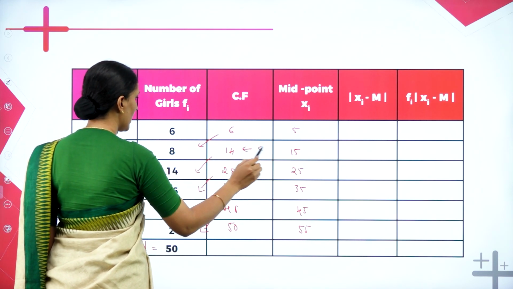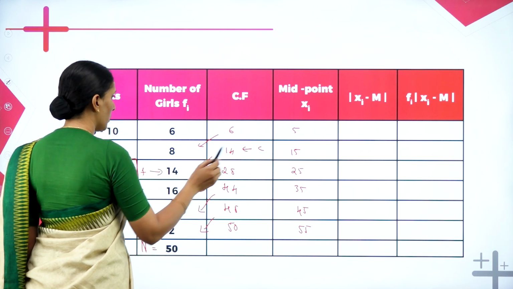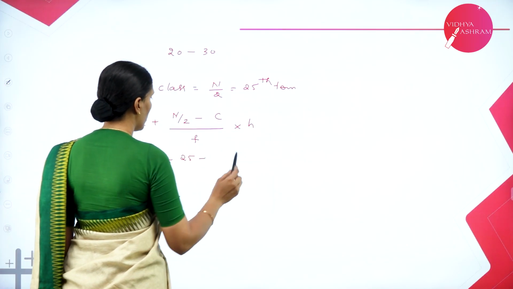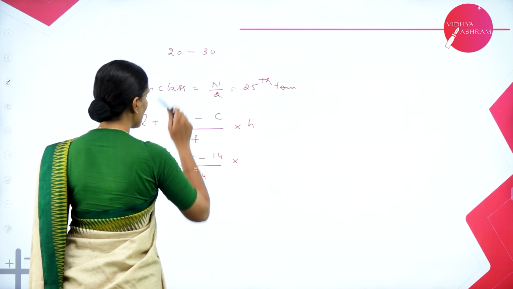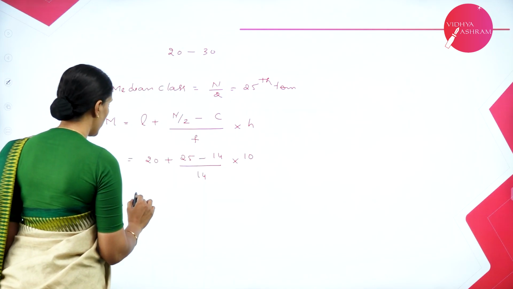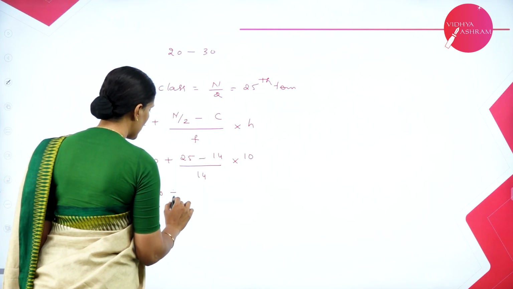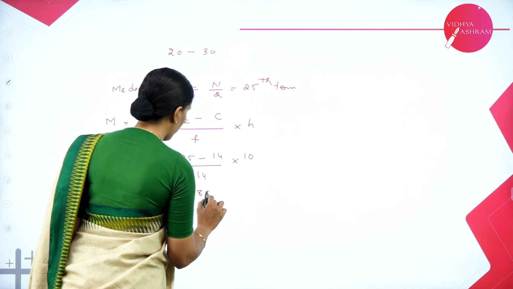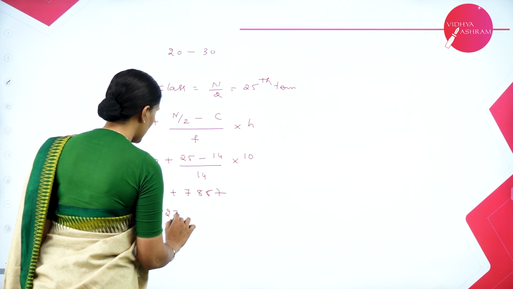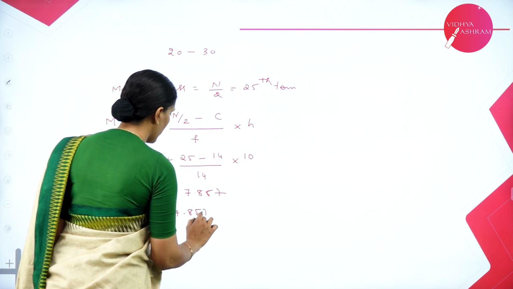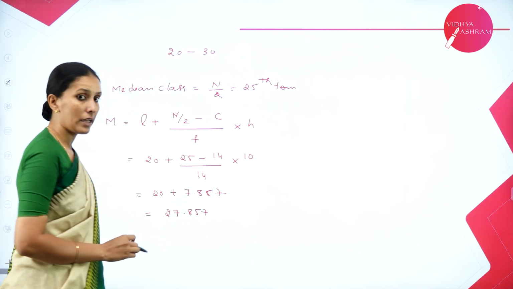So this is your C and this is F. So both are 14. So we have 14 divided by 14 and the size of the class interval is clearly 10. So here we get the value as 20 plus 7.857. So when you add this, you will get 27.857.